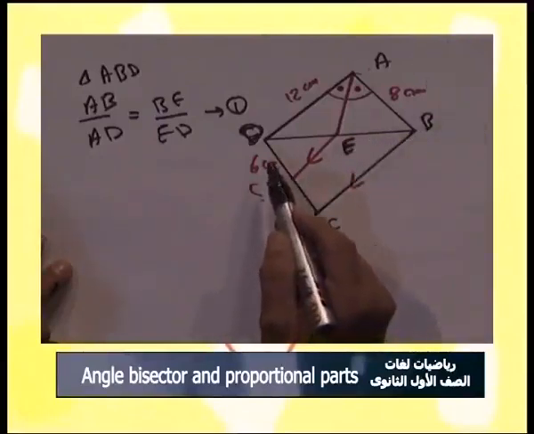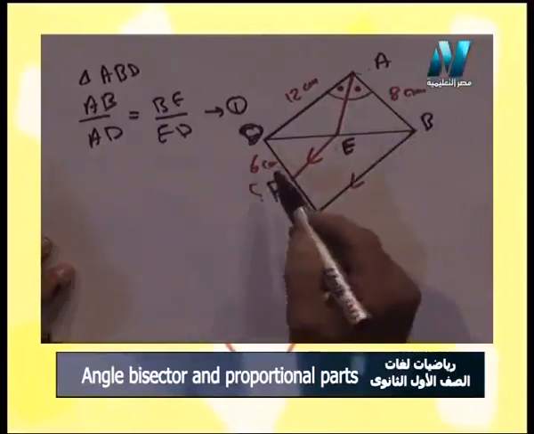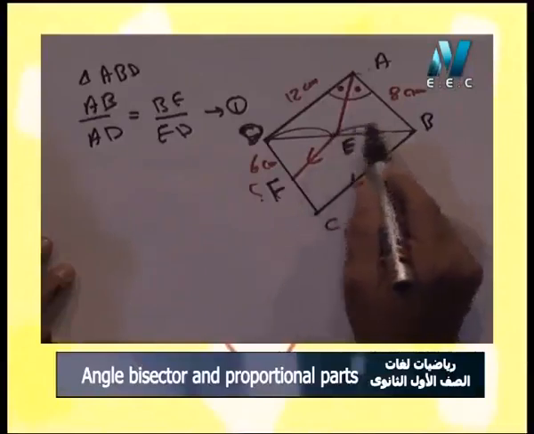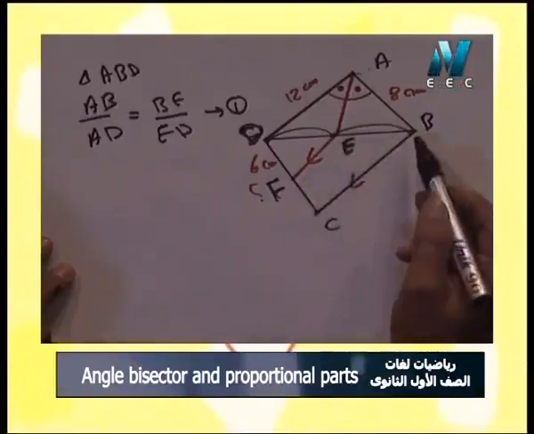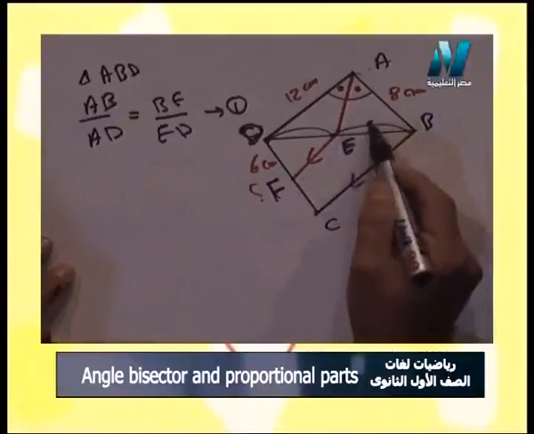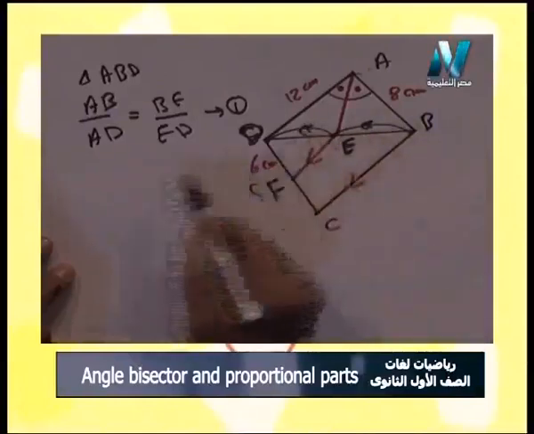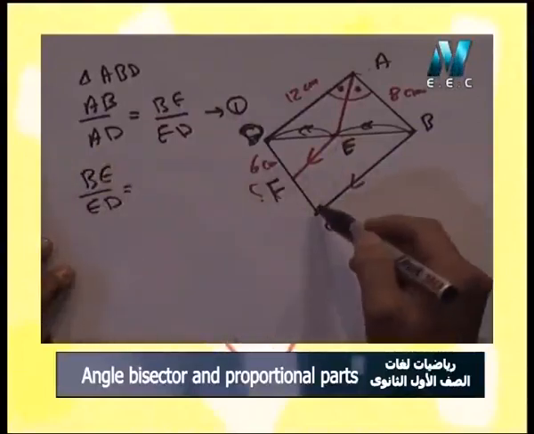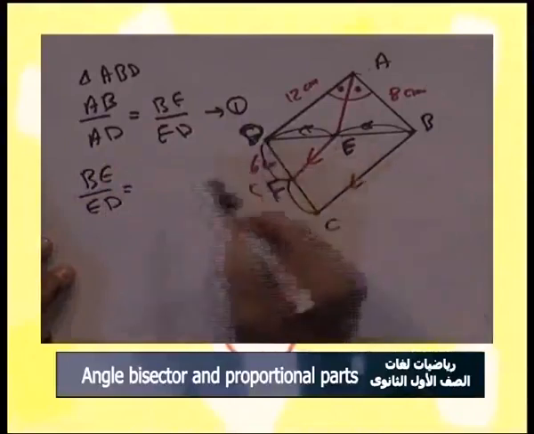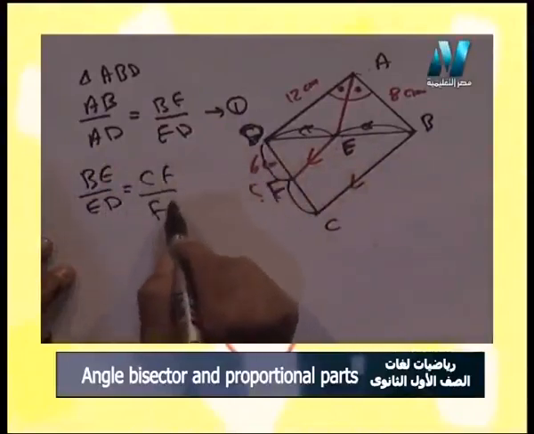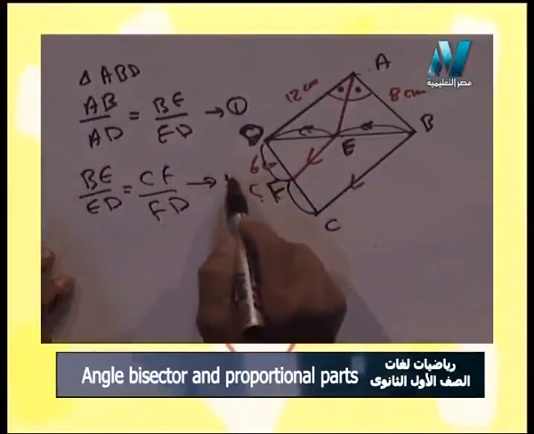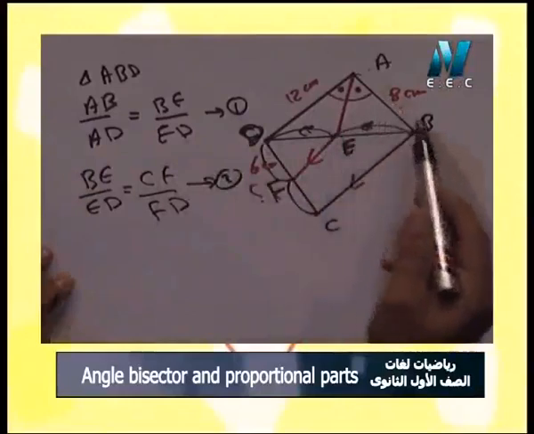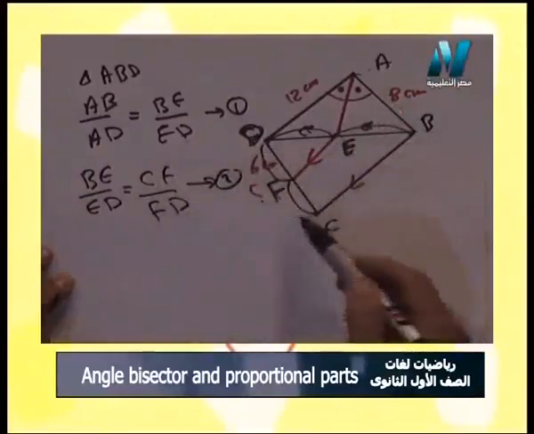So we know from the last lesson that BE over ED equals CF over FD. And we call it number 2. This is from triangle ABD, and this one from triangle BCD.